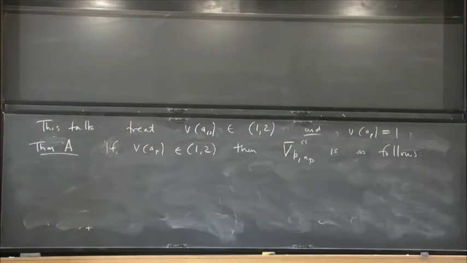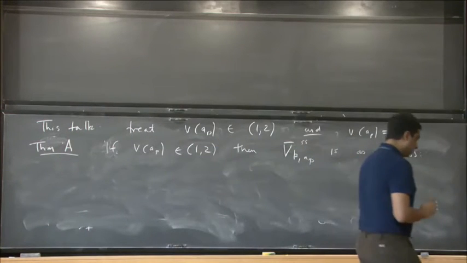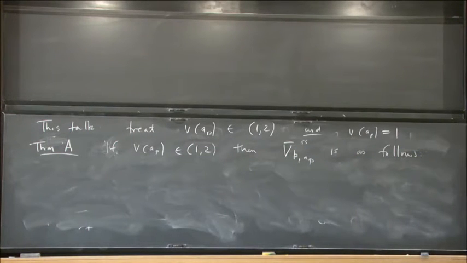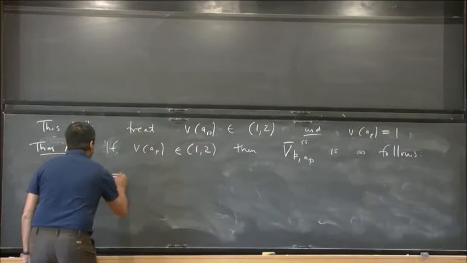So again, the answer depends on congruence classes, but it depends not just on the congruence class mod p minus 1, but it actually depends on the congruence class essentially mod p and mod p minus 1. So mod p squared minus p. So I think the best way to write it would be something like this.